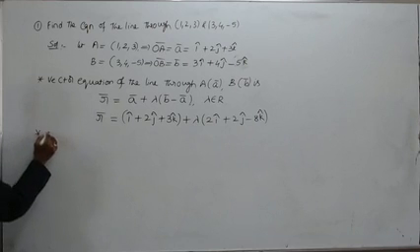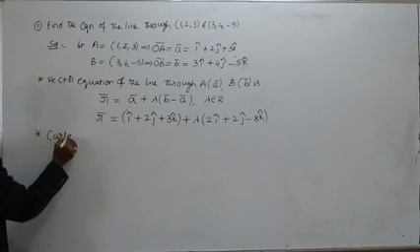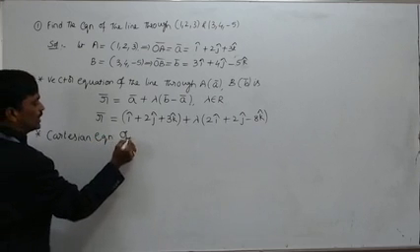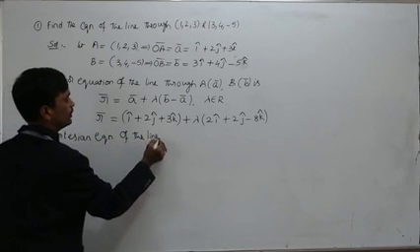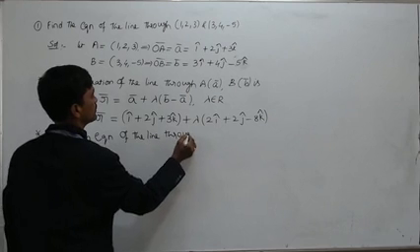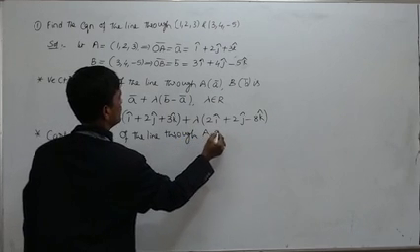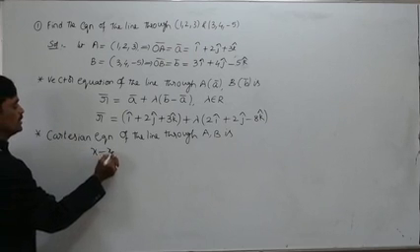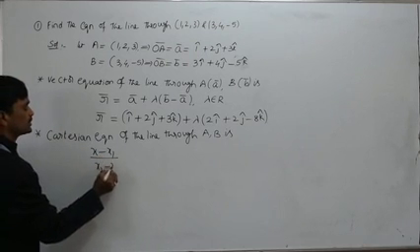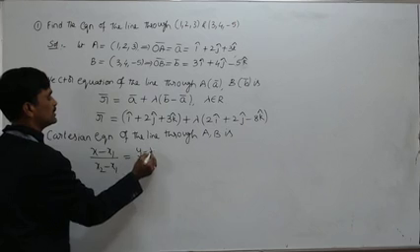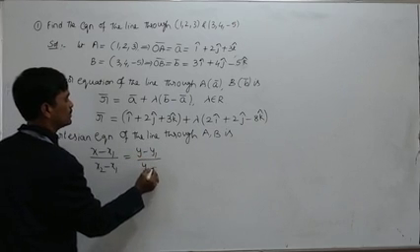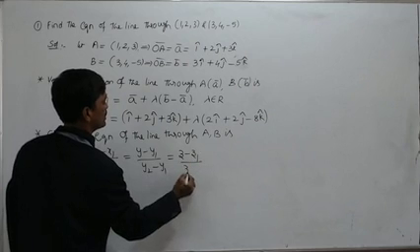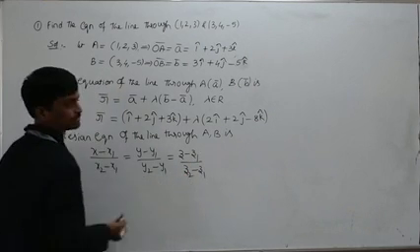Next, Cartesian equation. So the Cartesian equation of the line through given points A and B is, so what's the formula? (x minus x1) by (x2 minus x1) is equal to (y minus y1) by (y2 minus y1) is equal to (z minus z1) by (z2 minus z1).